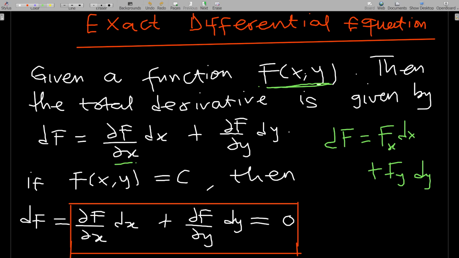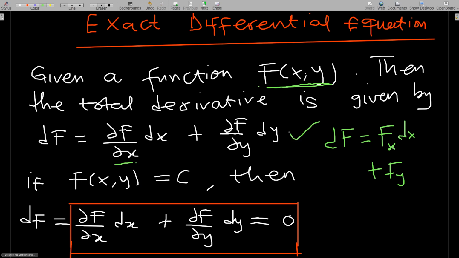So if the function f of x, y is equal to a constant c, and I find the total derivative of this whole equation, I have to find the total derivative of f, which is given just above, where my df is this one.